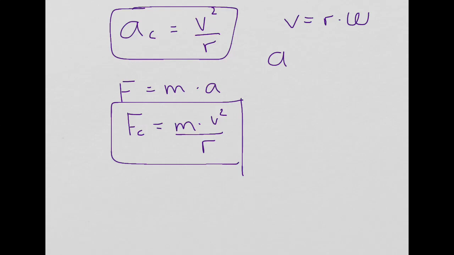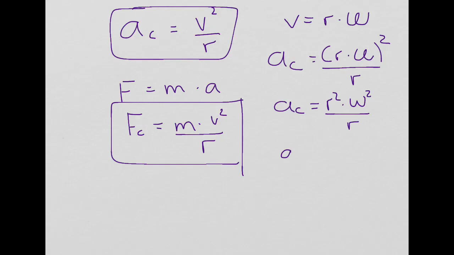I can rewrite this as AC is equal to r times omega squared all over r, and I get that AC is equal to r squared times omega squared over r. So AC is equal to r times omega squared.